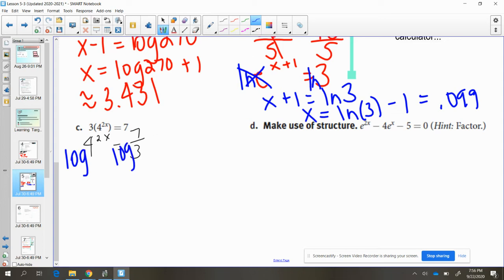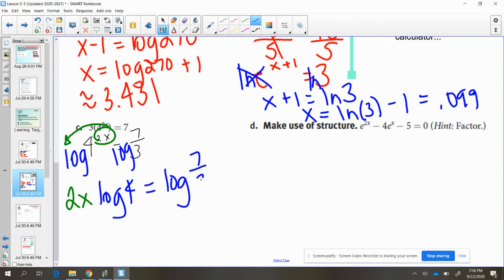So I always like to use the common log. And what happens here is we talked about that property that our exponent can move out front. So we end up with 2x out front of our logarithm, and then we still have log of 7/3 on the other side.